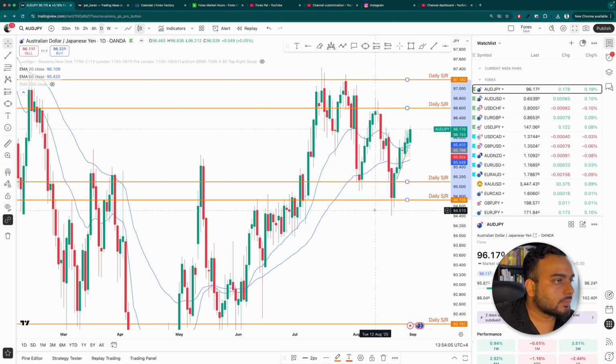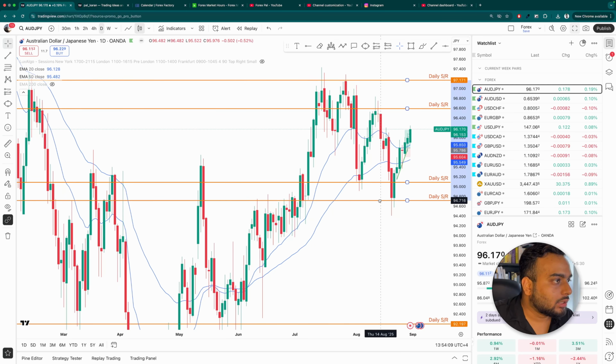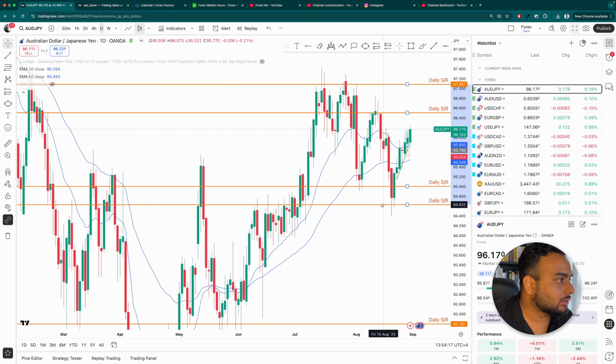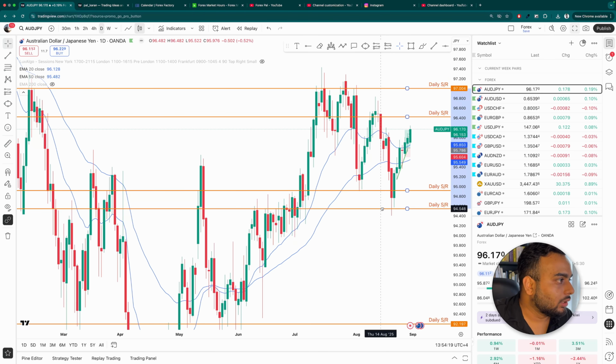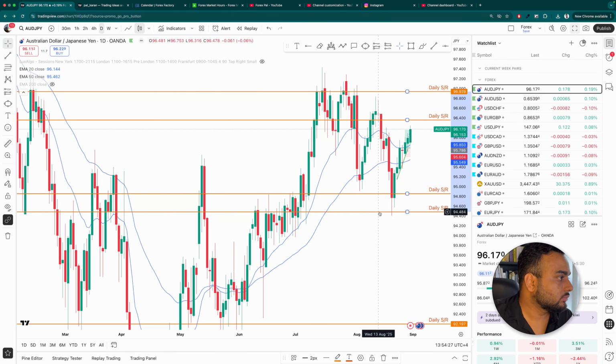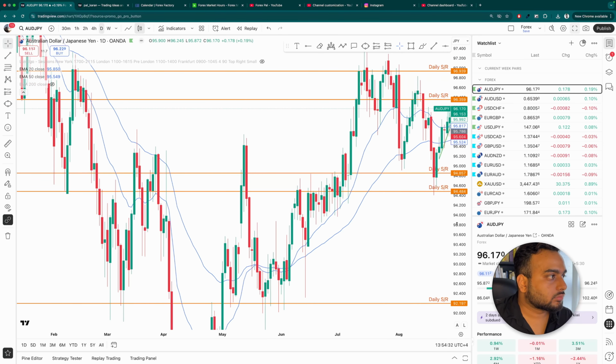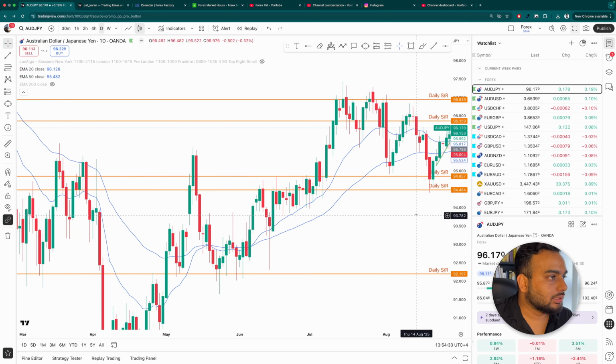Now, yeah, so here we can see we have around one, two, three right here, three touches. If we go down a little lower, yeah, I think this works as well.